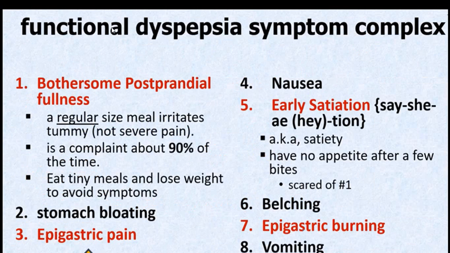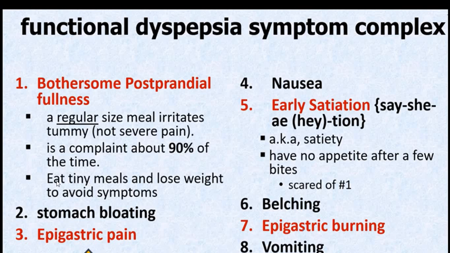So there are certain groups of symptoms which are very common. Postprandial fullness will be described as postprandial distress syndrome, where a regular sized meal irritates the stomach. 90% of the time the person will complain of postprandial fullness or bloating sensation, early satiety.